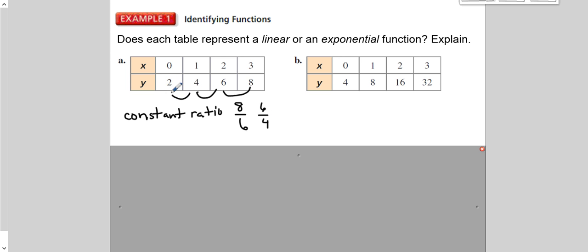And that would have to be the same as 4 over 2. Okay, 4 divided by 2 is 2. 6 over 4 is 3/2, and this is 4/3. So this is not exponential.